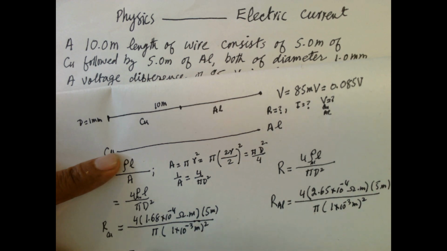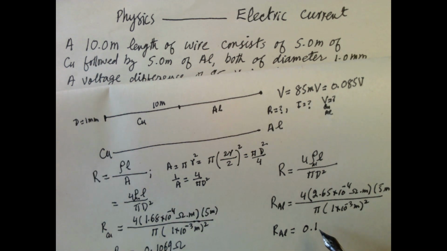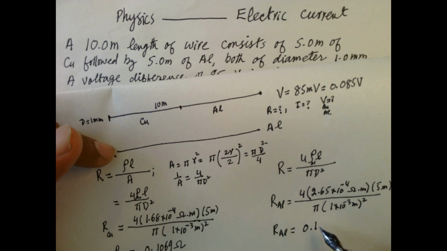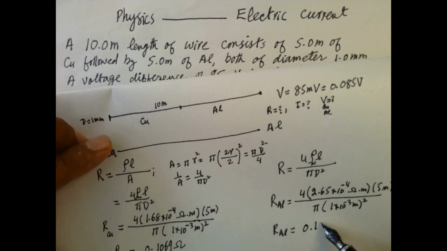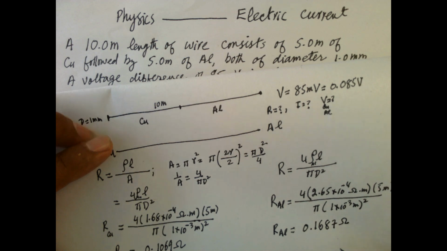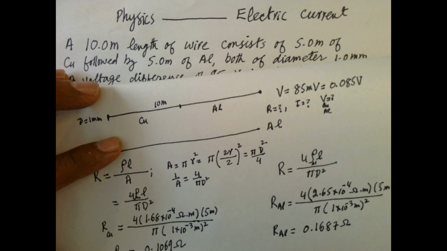And this resistance is equal to 0.1069 ohm for copper, and for aluminium it is 0.1687 ohm. So the total resistance R total is equal to R copper plus R aluminium.